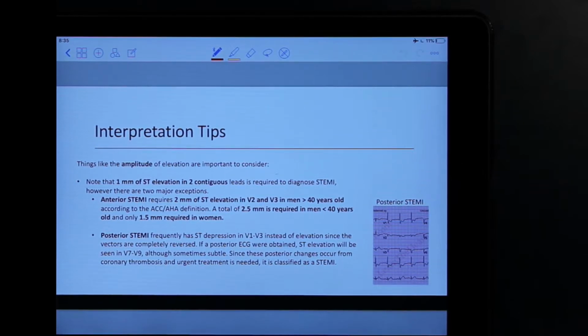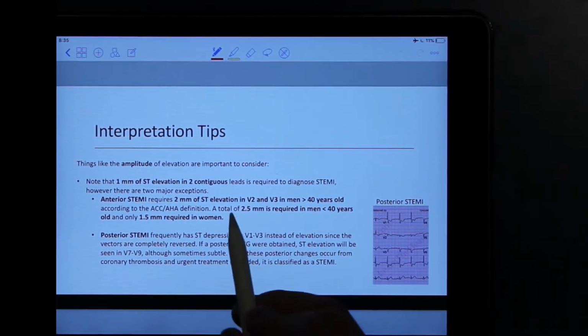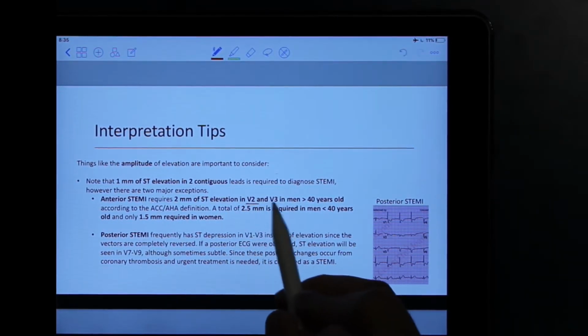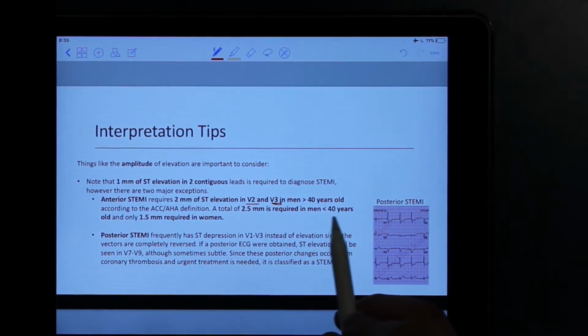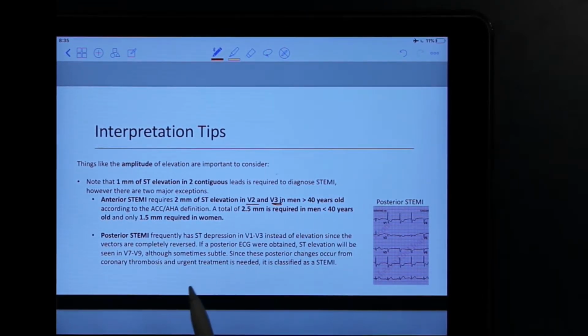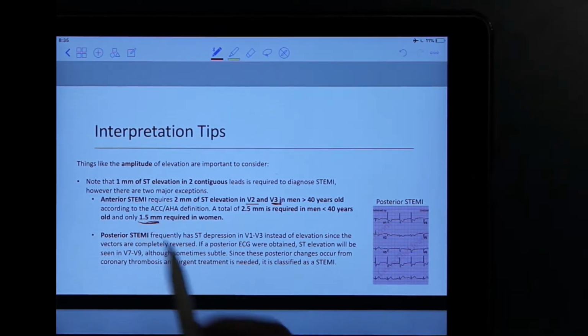An anterior STEMI requires 2 millimeters of ST elevation in V2 and V3 in men who are older than 40 years old, and this is according to the American College of Cardiology and the American Heart Association's definition. And a total of 2.5 millimeters is required for men who are younger than 40 years old, and only 1.5 millimeters is required for women.